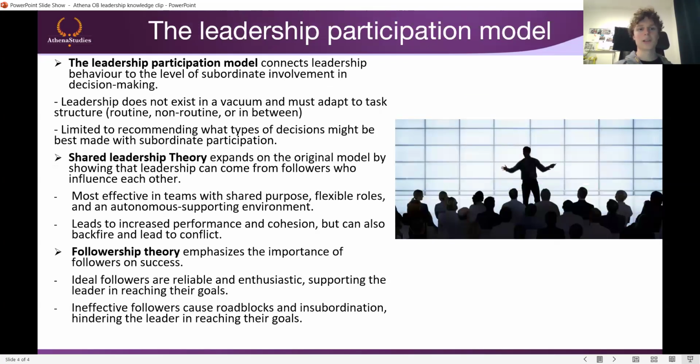So first of all, we have the leadership participation model, which connects leadership behavior to the level of subordinate involvement in decision making. So pretty much the leadership behavior changes based on how much of the work the followers really take up, on how well the subordinates take up their own role and decide what they will do and what others will do.